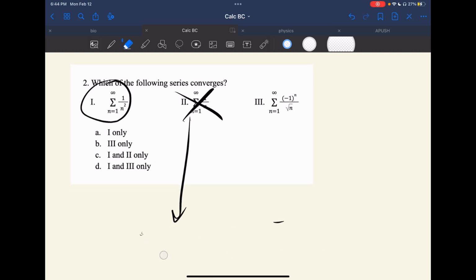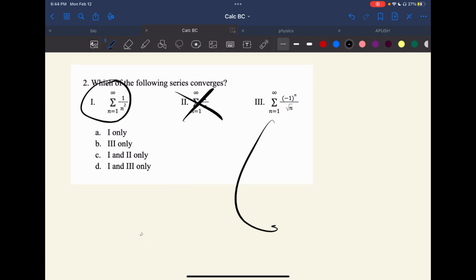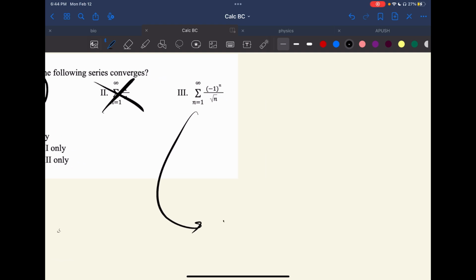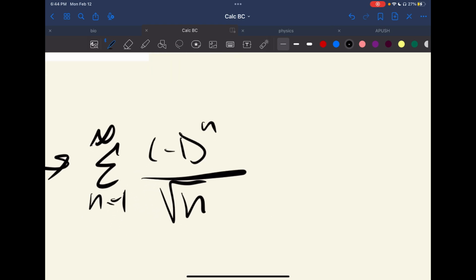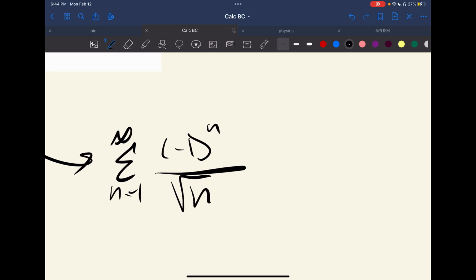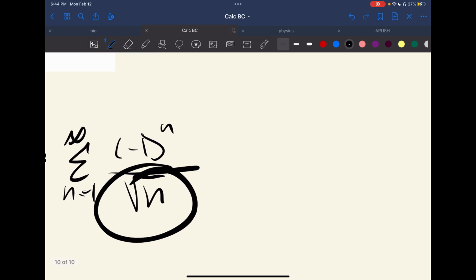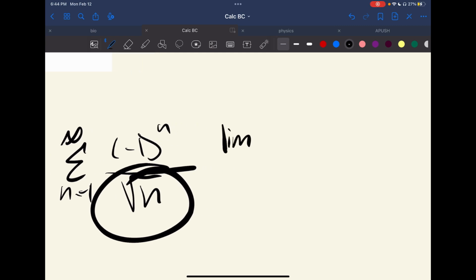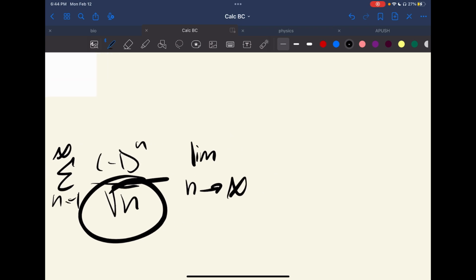And then for this one, the last one, this is an alternating series because of the -1 to the n. If you want to know if an alternating series converges, you're going to go as the limit as n approaches infinity of 1 over n.